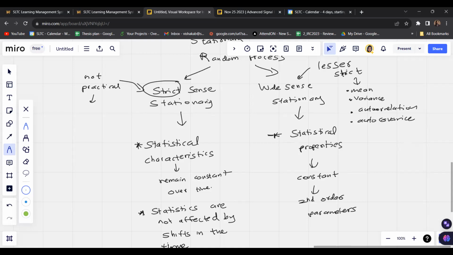There are not many real world applications of this type of random process, and therefore strict sense stationary processes are not really practical, but they are used to give a basic definition of what strict sense stationary means.